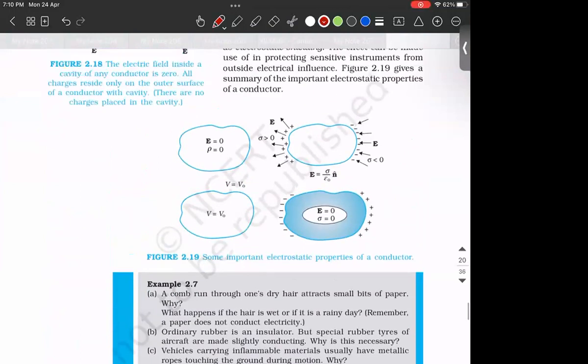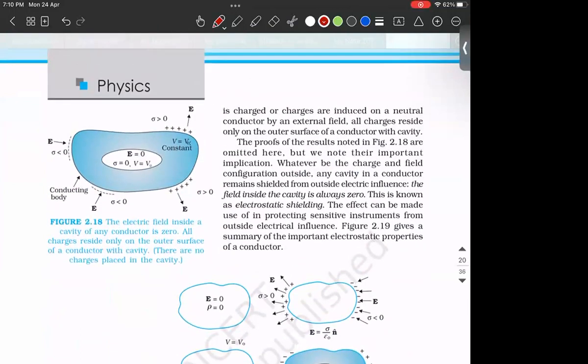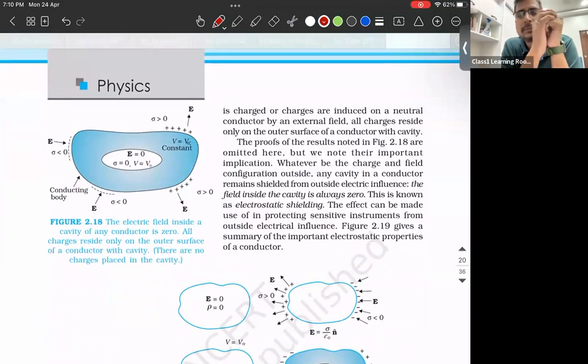Sir, it's safer to sit inside a car. Why? Because of electrostatic shielding. Cars are made of metal, so the outside metal layer is a conductor and the inside is a cavity, where we are sitting. So the charges cannot touch us, whereas when you stand under a tree, you are always at risk. So this is how it works.